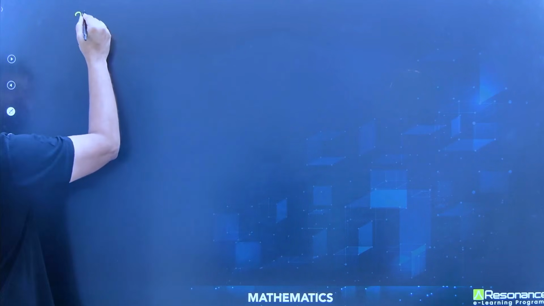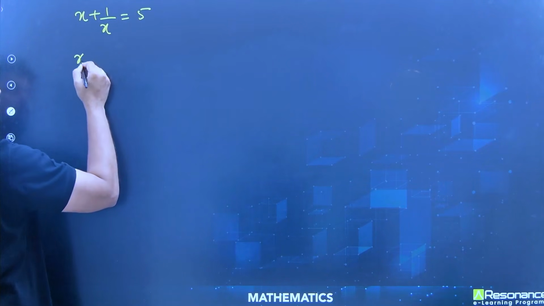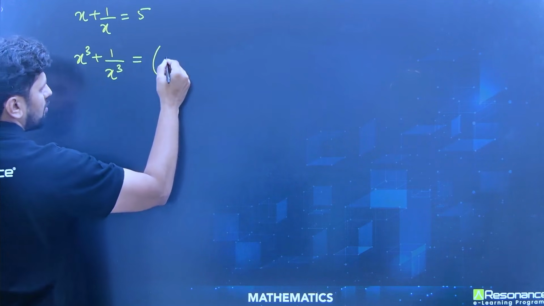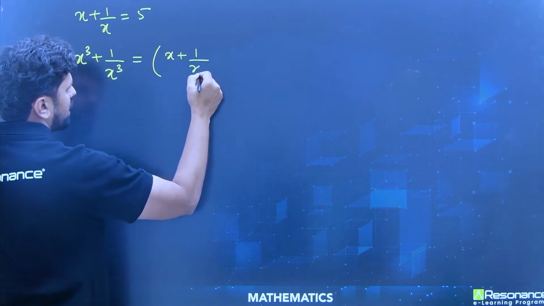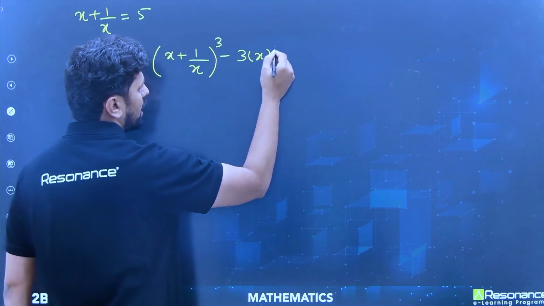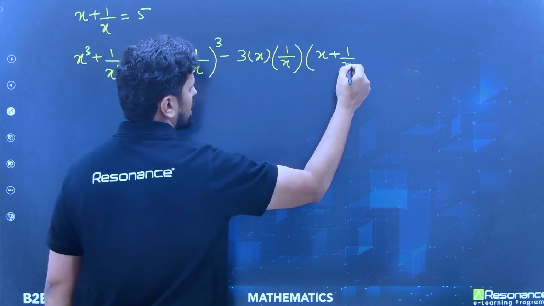Okay, so we have x plus 1 upon x equal to 5. We need to find x cube plus 1 upon x cube. We have already done this type of question. It will become x plus 1 by x whole cube minus 3ab into a plus b. Correct?